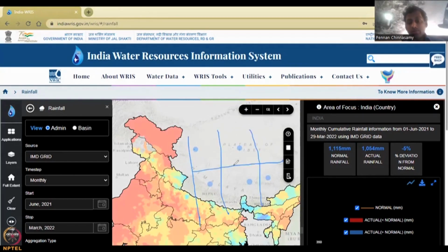And so what happens is whatever is within this grid takes the value of this point. So if this is 50 millimeters of rainfall, then this whole grid is given a 50 millimeter value. Like that, all of the grids will take one value based on the point data they have.